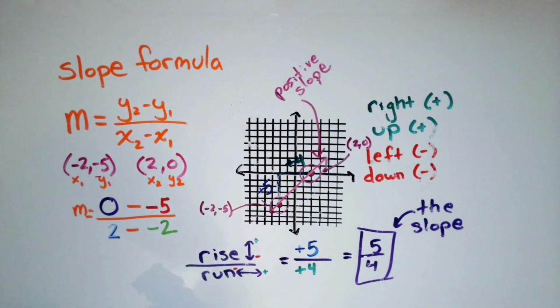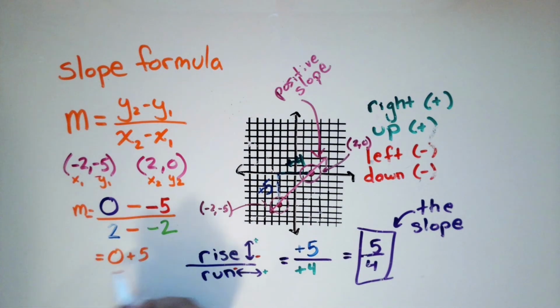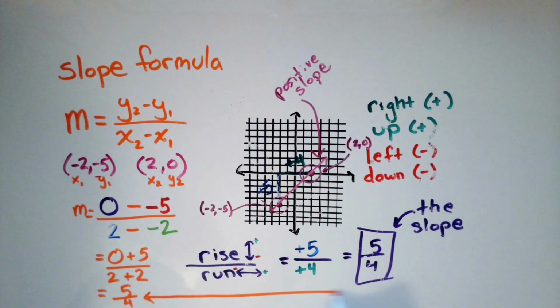Now you take the information that you've plugged in and solve. This way you'll be able to figure out the slope. You'll notice that we still get a positive number in the numerator and a positive number in the denominator because the slope is positive. You get the same exact answer whether you calculate it or you count it.